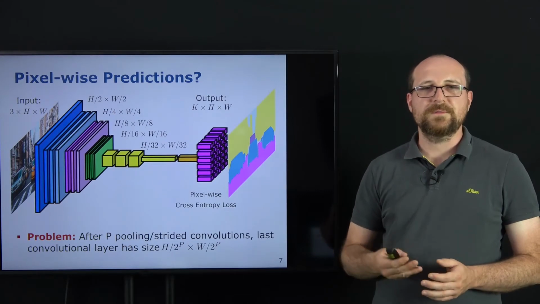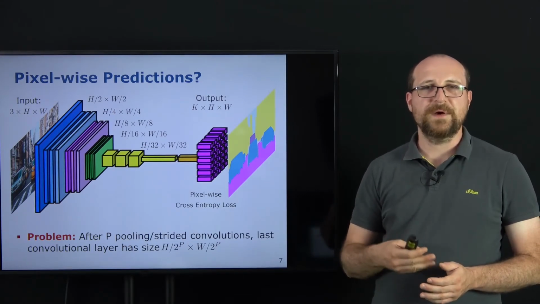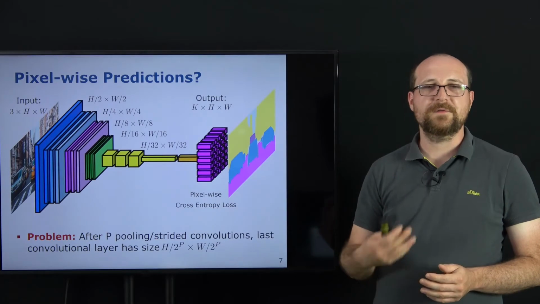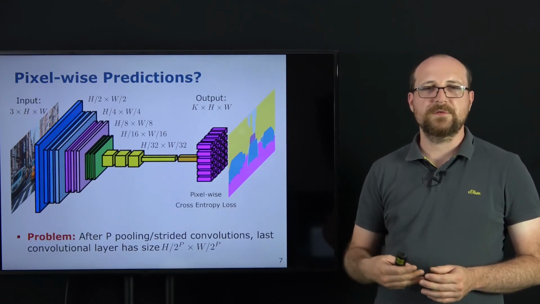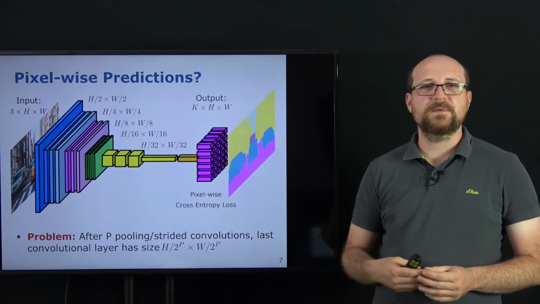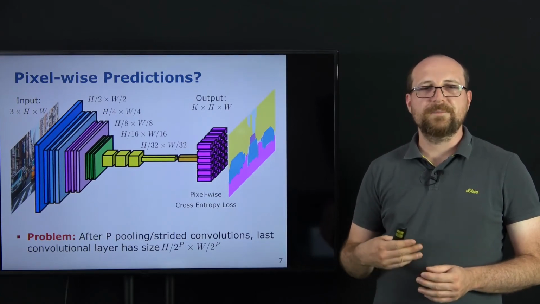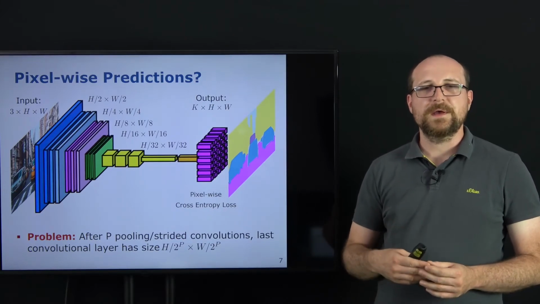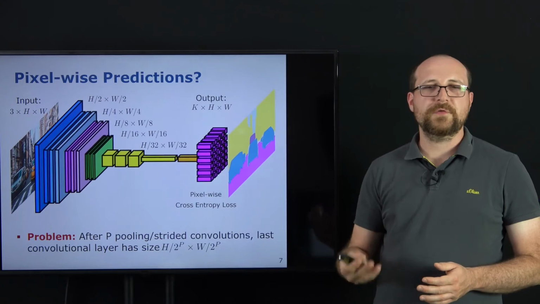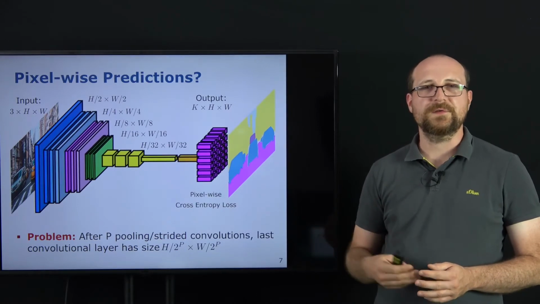So we start with h by w in the beginning, but after each pooling operation or strided convolution we reduce the size by 2. In the end we reach something like the image size divided by 32, for instance. And then we have to do something to regain the size.